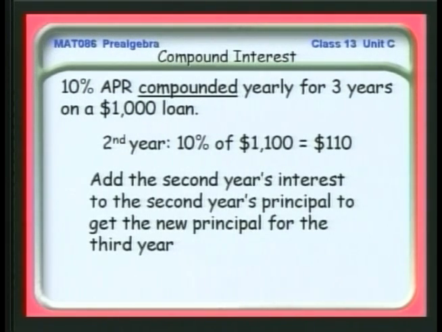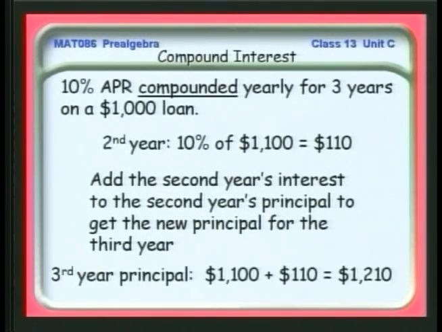Then, at the end of the second year, we would have to add in that $110 to then calculate the interest for the third year. Adding the principal that we started with, then the interest at the end of the second year, to get the principal we're going to begin with for the third year.